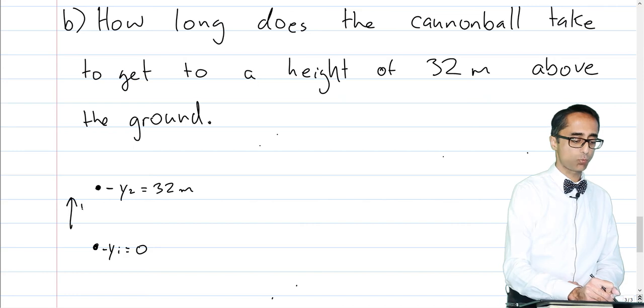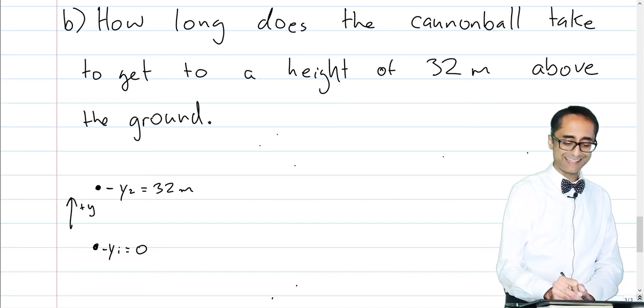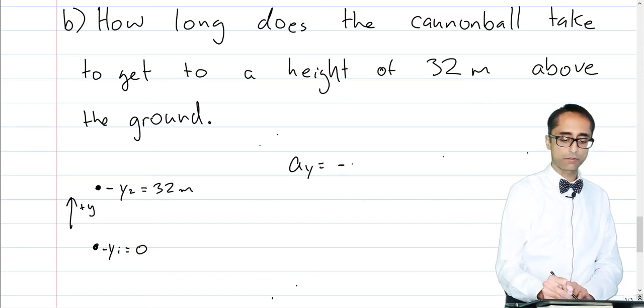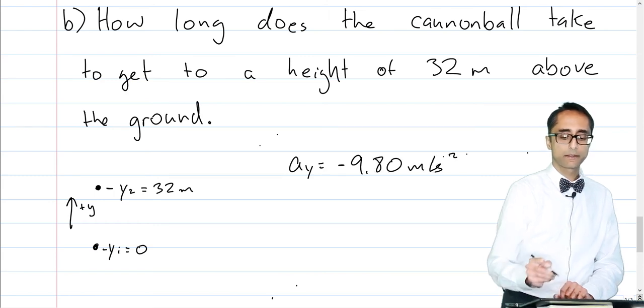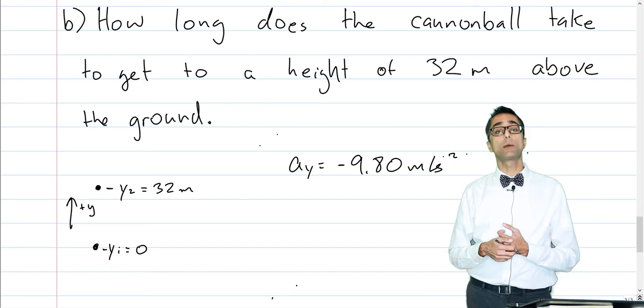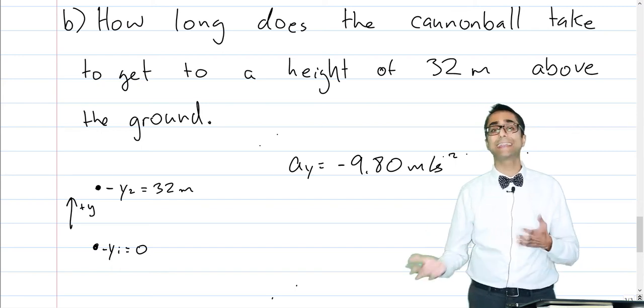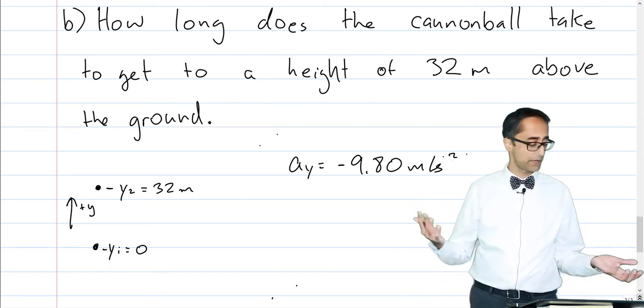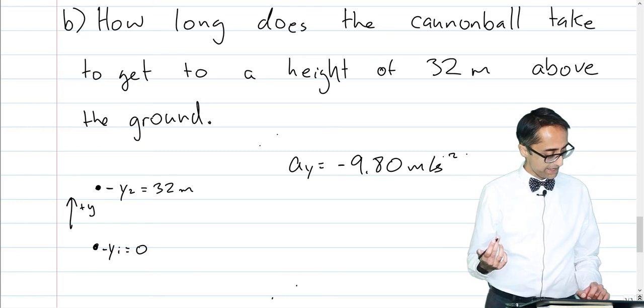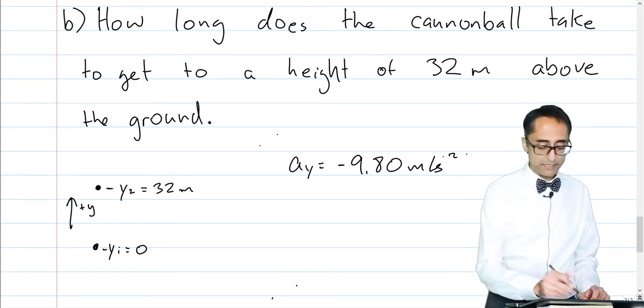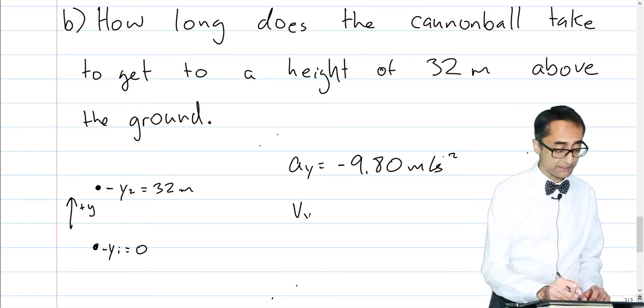Again, I'll set plus y up. Again, the acceleration due to gravity in all of these problems is negative 9.80 meters per second squared. It will always be that for any object near the surface of the Earth at any point in its travels, up or down. And finally, our initial conditions must still be the same.